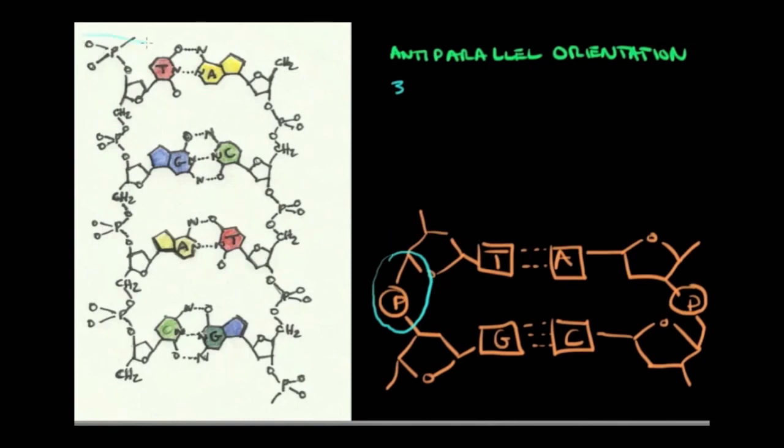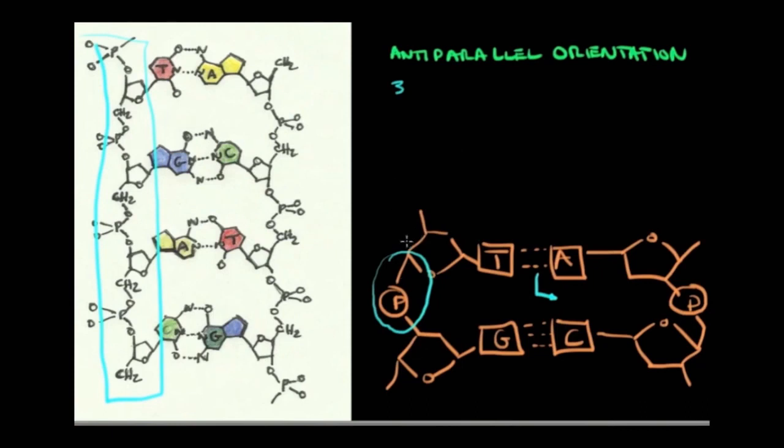If we look at the DNA molecule, these phosphodiester bonds are keeping it stable, binding the nucleotides together. And then in the middle of the ladder, you have the hydrogen bonds between the two bases.